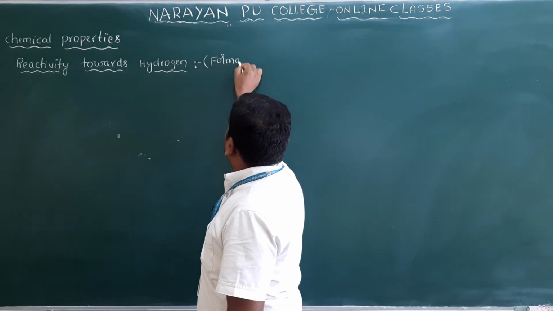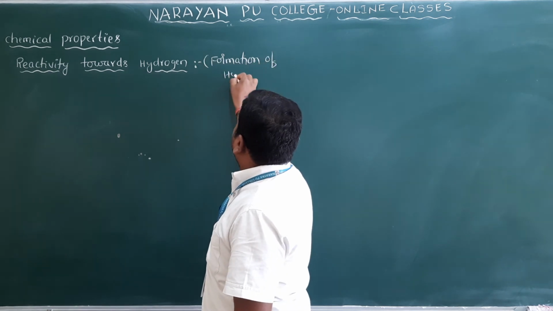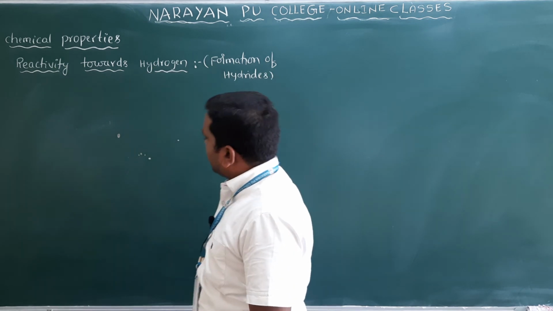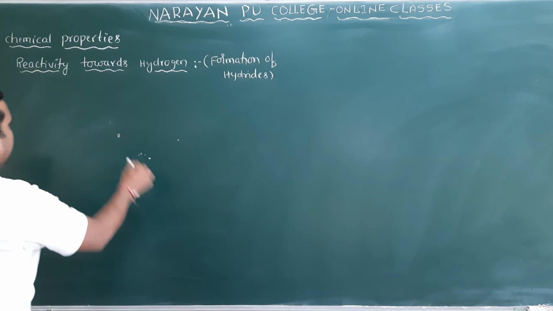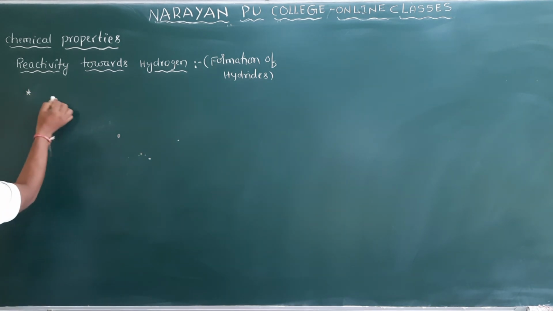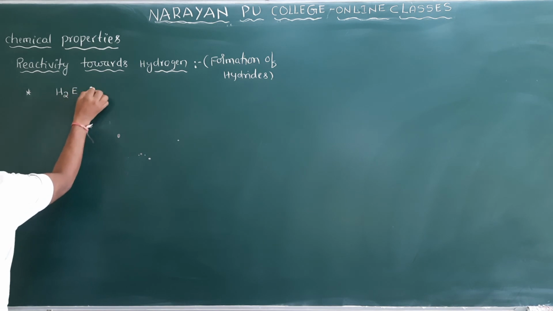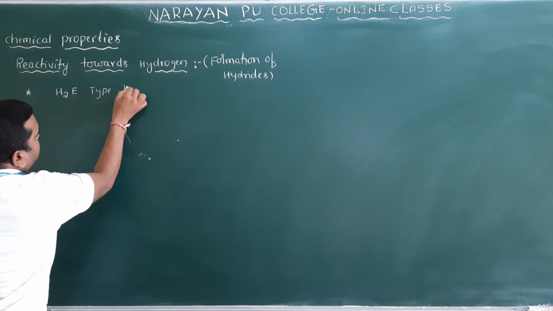Formation of hydrides. The 16th group elements form H2E type hydrides.